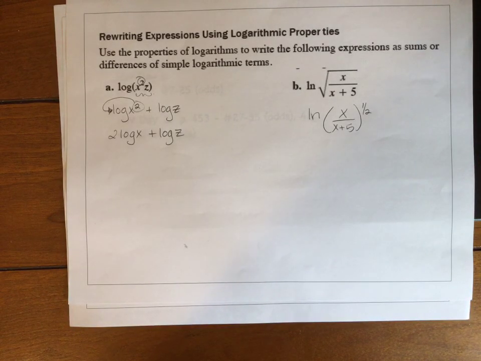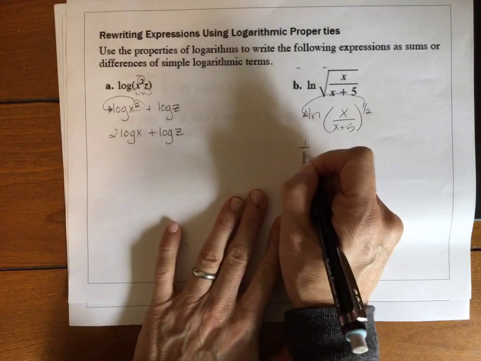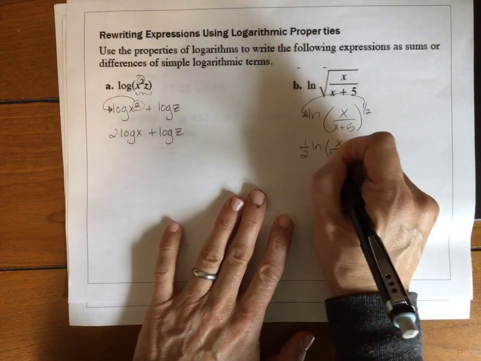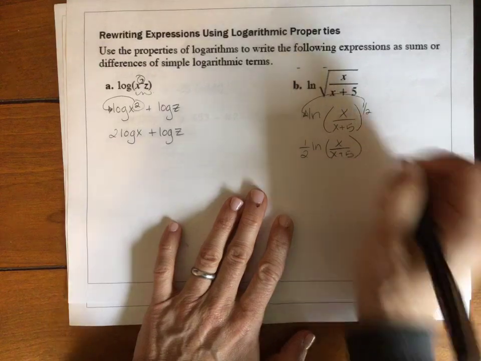All right, so I can't do anything with the terms of x divided by x plus 5 because they are either to the power of 1/2 or they're in the square root. So I need to bring this 1/2 out front first. So 1/2 natural log of just x divided by x plus 5.